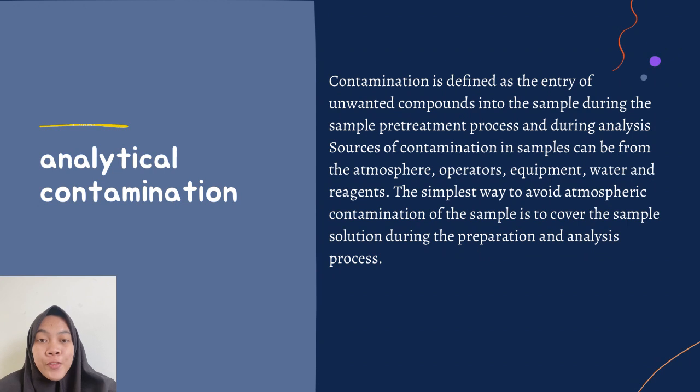Contamination from the atmosphere derives from particulate trace elements on the soil surface and suspended materials in the atmosphere. The simplest way to avoid atmospheric contamination of samples is to seal the solution during preparation and analysis.